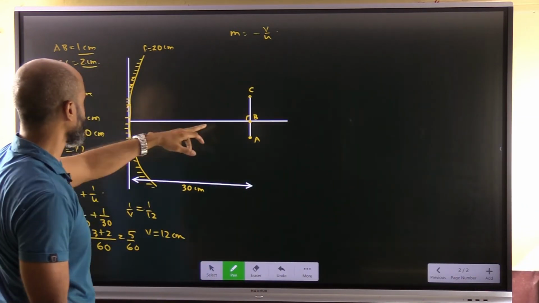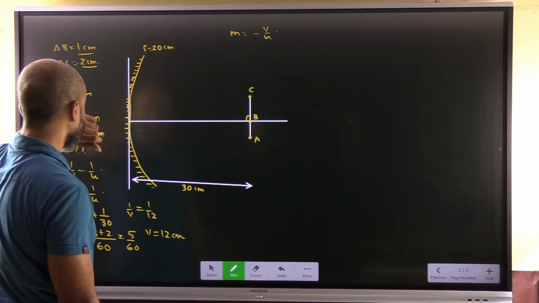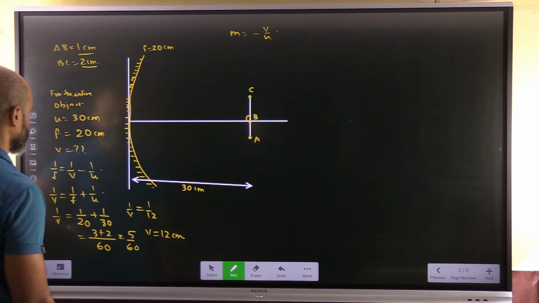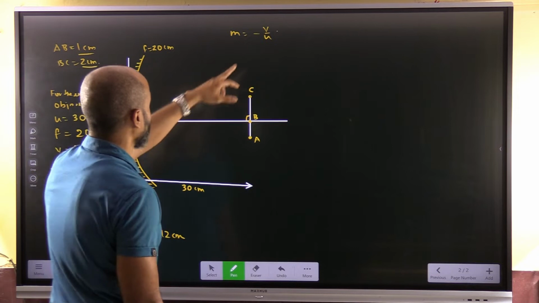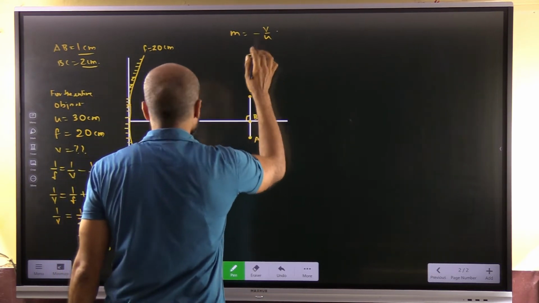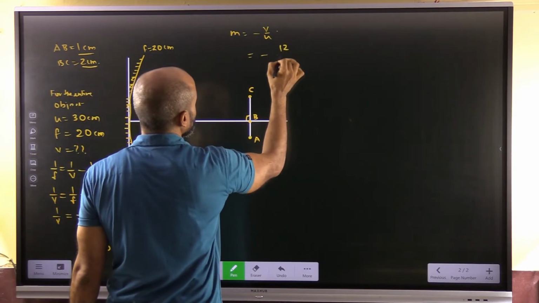The focal length is on this side. Okay, if I take the magnification, it's going to be minus v by u. That's how much? Minus v, that will be minus 12.